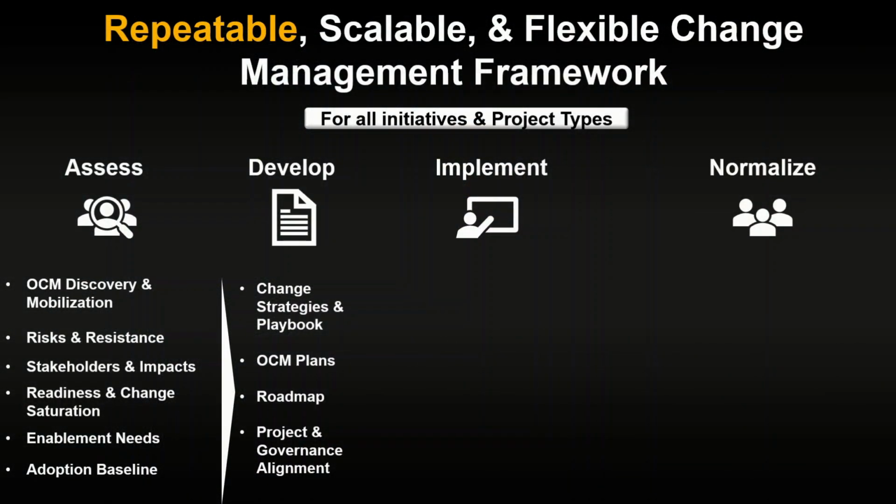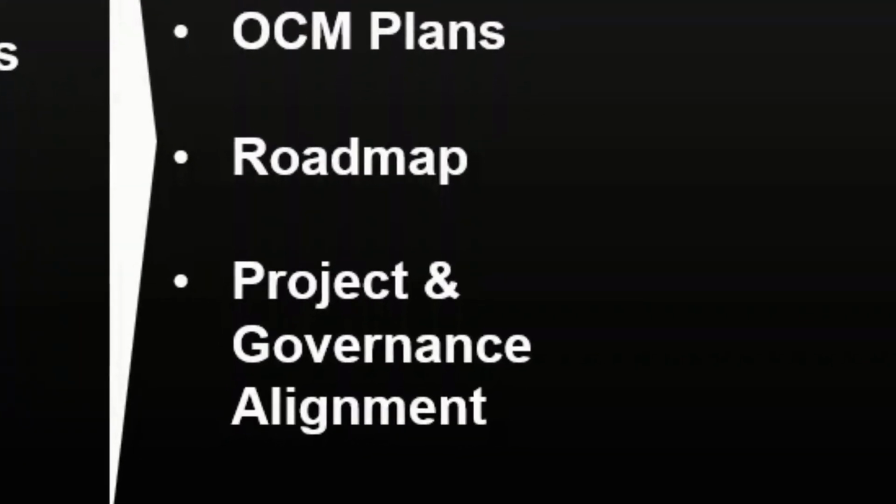A lot of times we see conflicts where the change management team is not effectively integrated with the project management team. So you want to avoid those types of conflicts to ensure that you are partnering with the project team as well as stakeholders to ensure alignment.